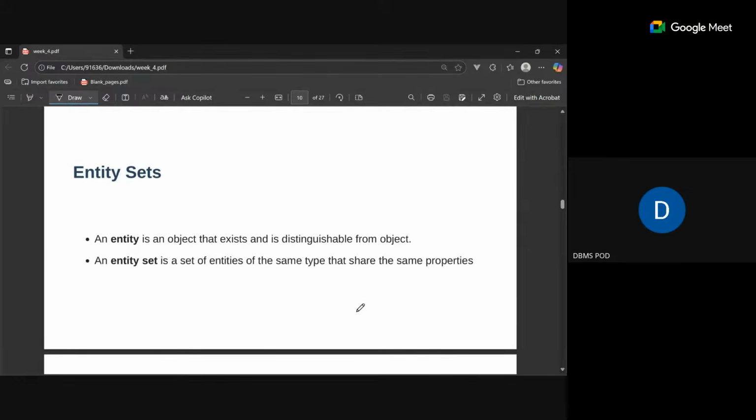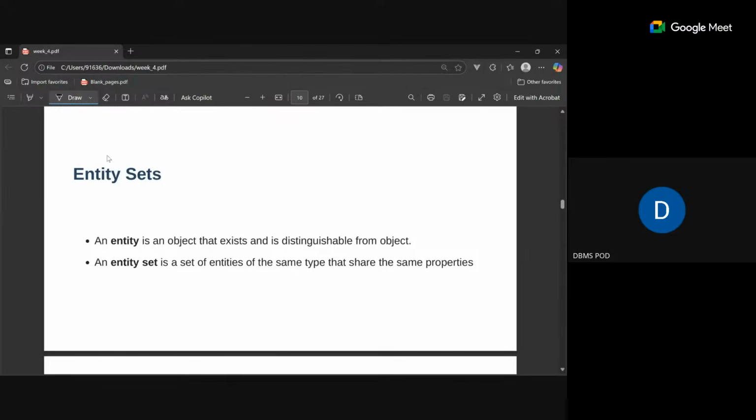So now let's start with entity sets. What do we mean by entity sets? There is a difference between an entity and an entity set. An entity is an object that exists and is distinguishable from other objects. In simple words, you can think of an entity set as a table in a database with all those attributes.